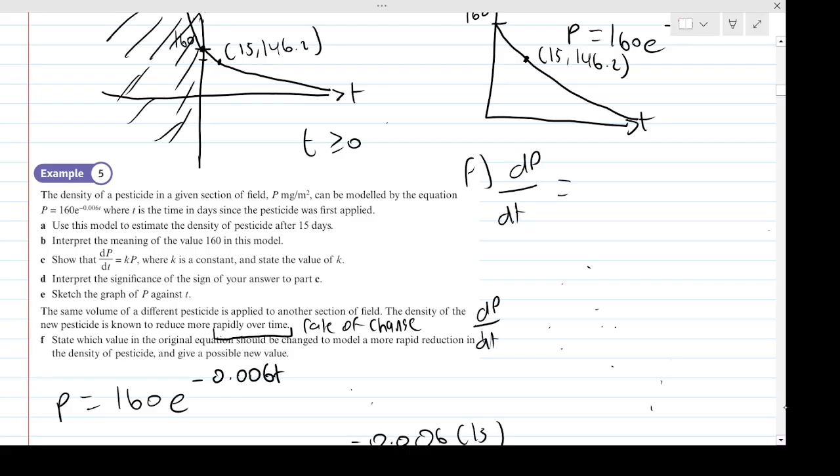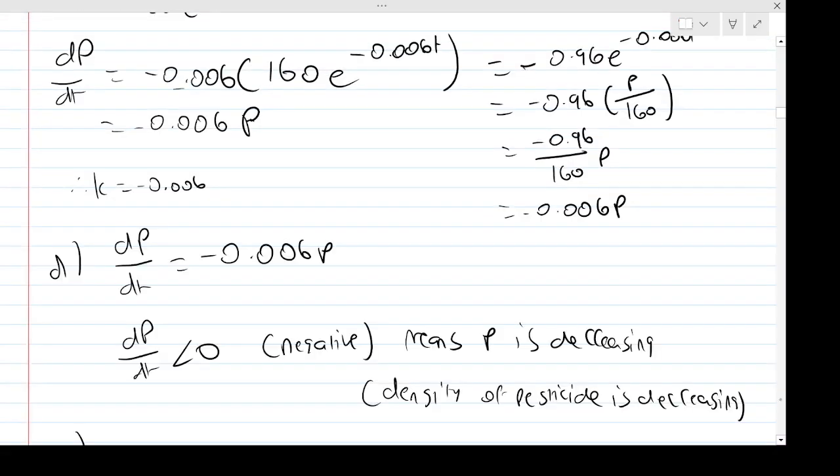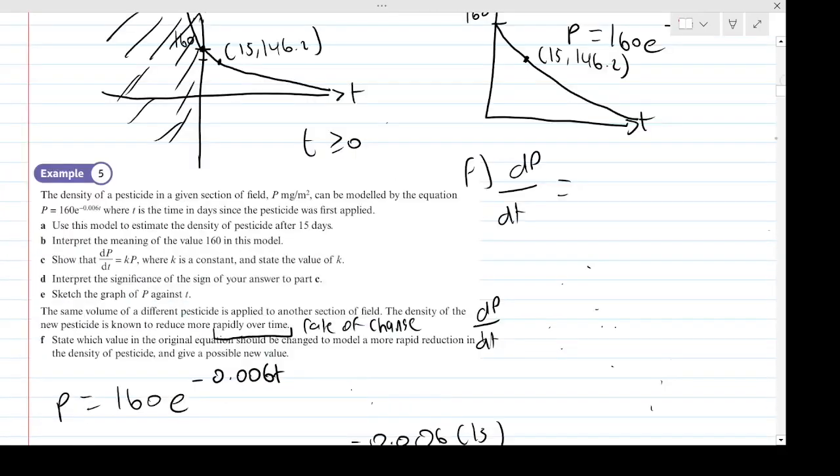dp/dt, we worked out in part C, was minus 0.006p. So this is effectively saying that the density, p, is decreasing by 0.006 every day.